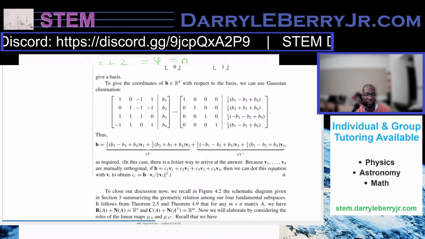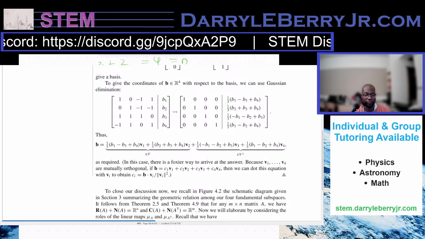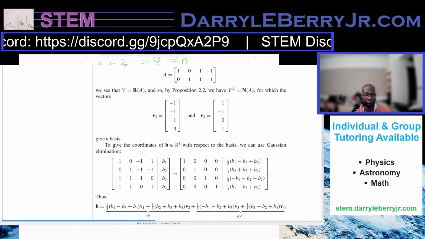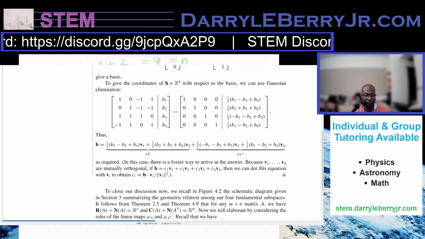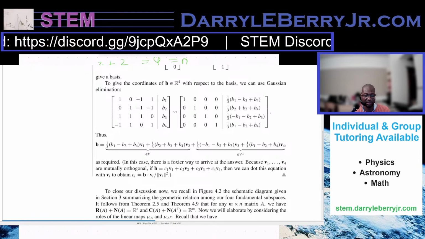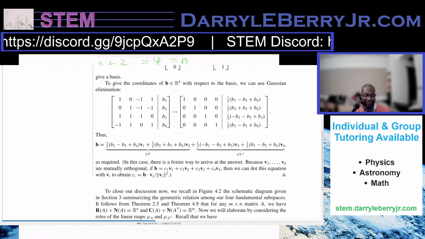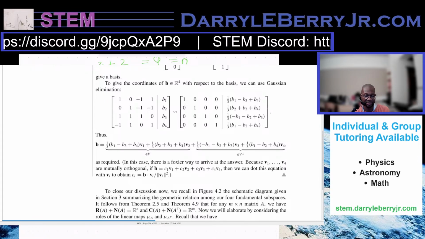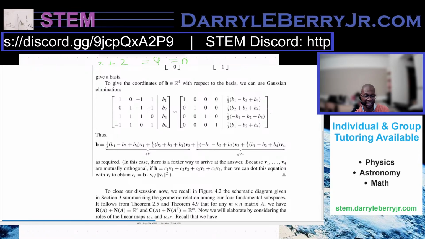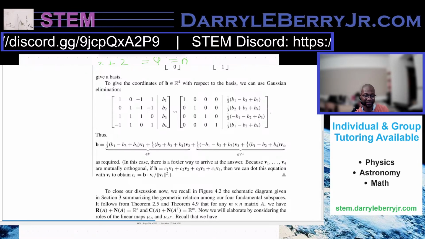And they're saying they can use a Fourier way to arrive at the answer because v1 through v4 are mutually orthogonal. If b is c1 v1 through c4 v4, we can dot this equation with vi to obtain ci equals b dot vi over the magnitude of vi squared.